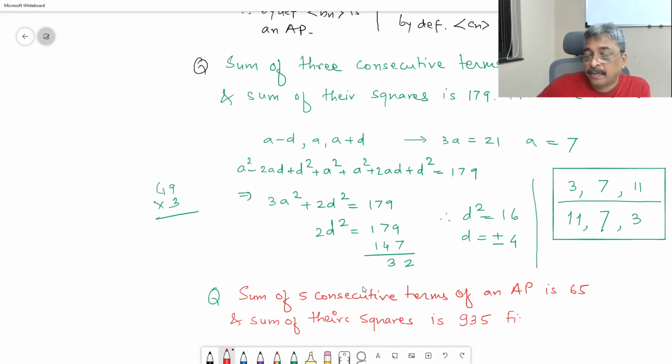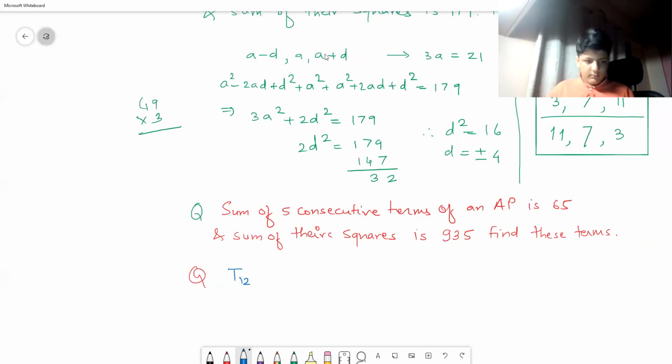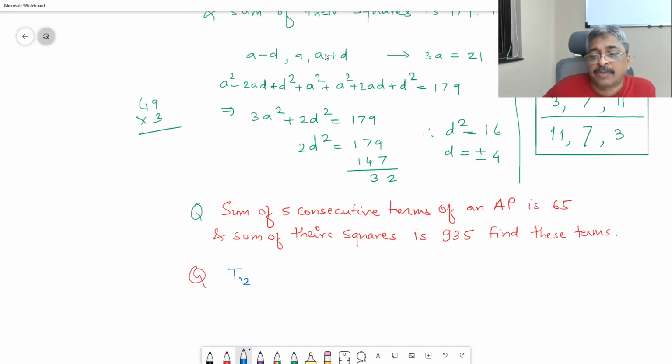Find the terms. Answer of the earlier question is 7, 10, 13, 16, 19 or 19, 16, 13, 10, 7.